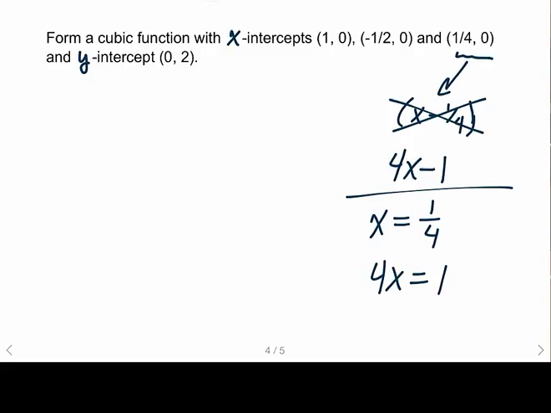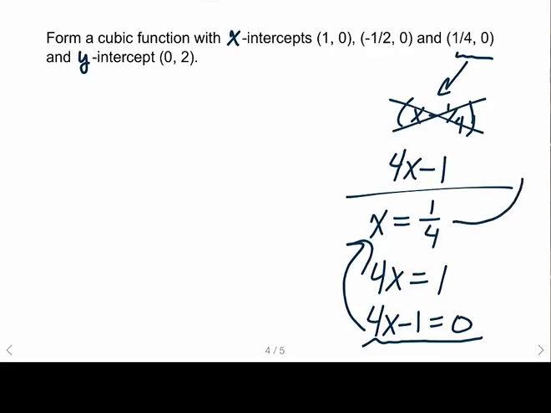If I then subtract 1, I get 4x minus 1 equals 0. And so this indicates the factor that I could have had to give me x equals 1/4 as a root, or as a zero. And when roots or zeros are real, they're tied to x-intercepts.